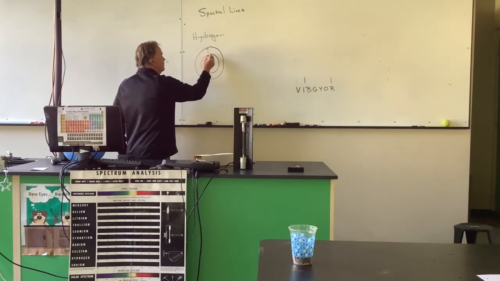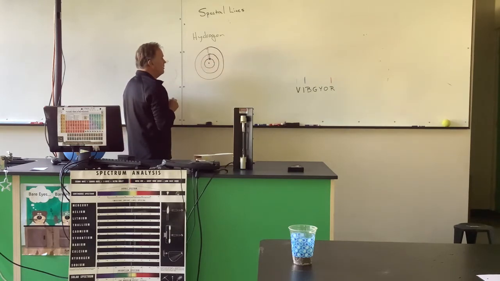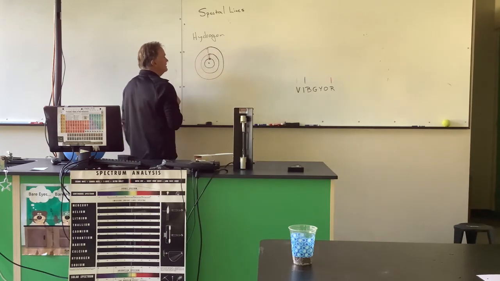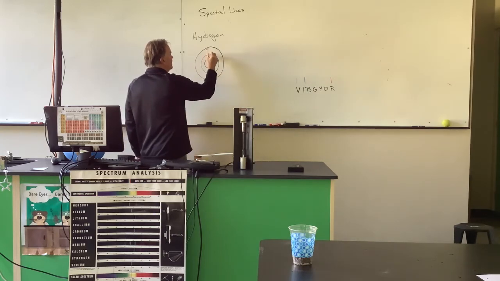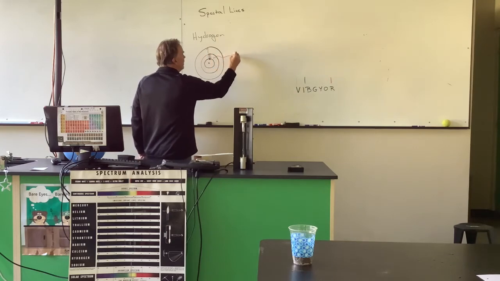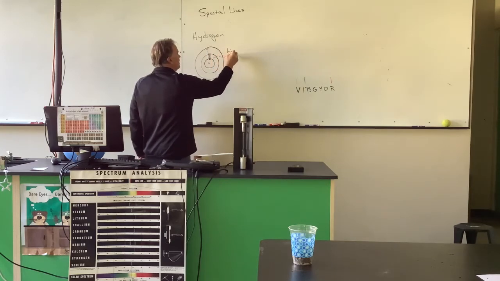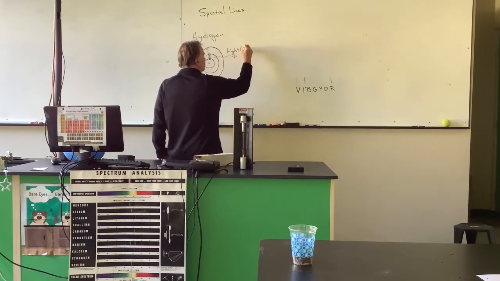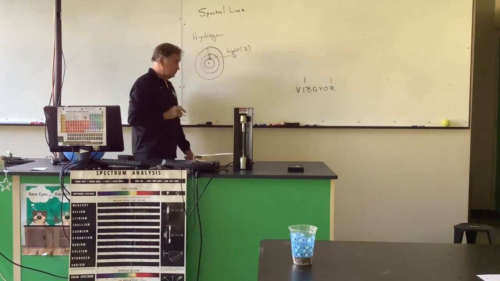So if you absorb energy, you're going to have to release the same amount. Electrons get kicked up these energy levels, and then when they fall back down, they give off light.